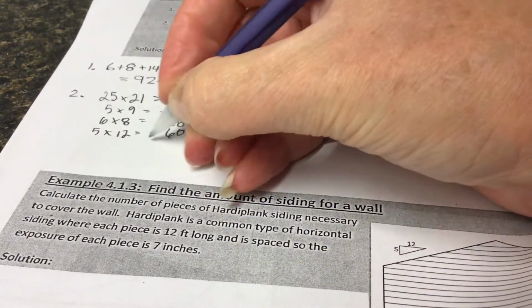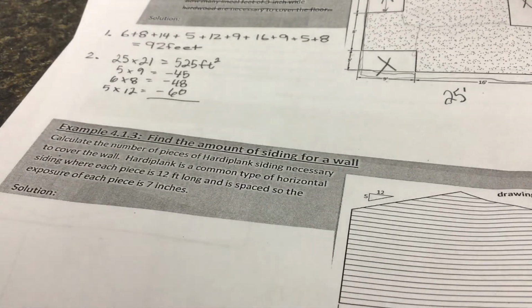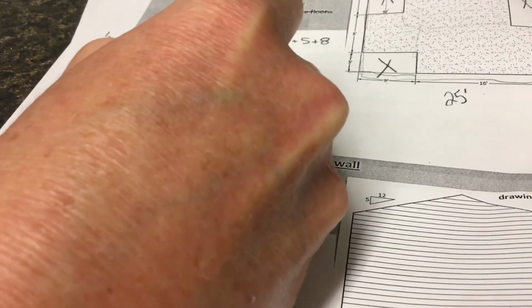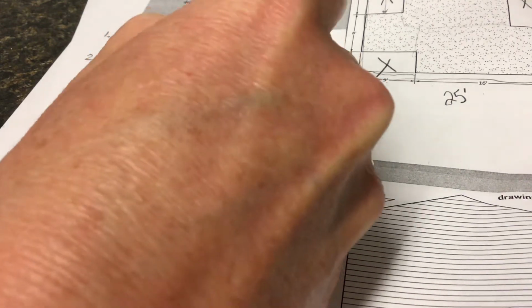And we're going to subtract all of those from our original area. So we're going to subtract 525 minus 45 minus 48 minus 60. So the area of that floor is 327, or 72, sorry, square feet.